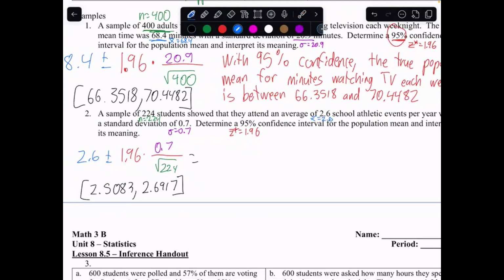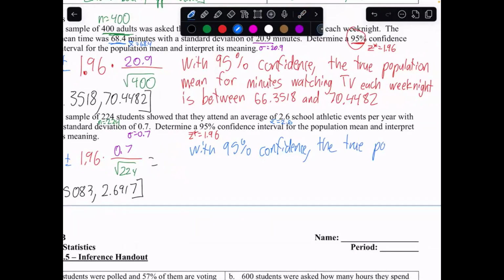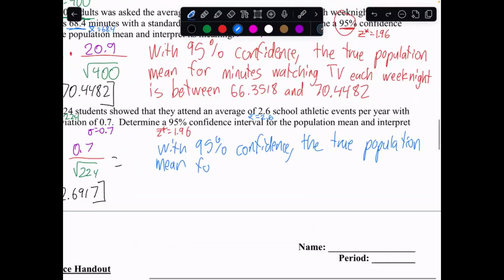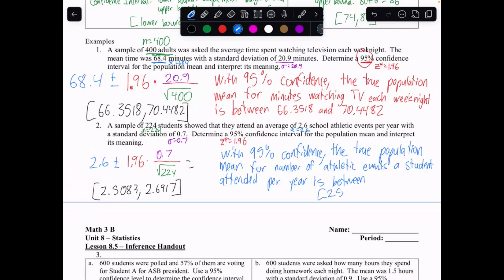Okay, so the sentence that I would give: with 95% confidence, the population mean for, and again, this is talking about how many athletic events the student attended, it's going to be between those numbers.